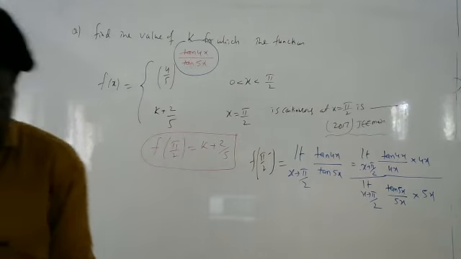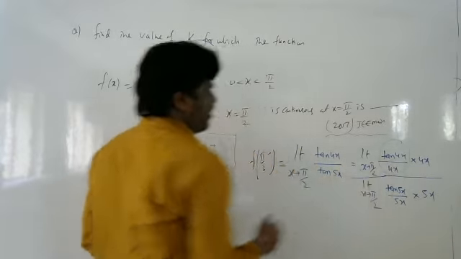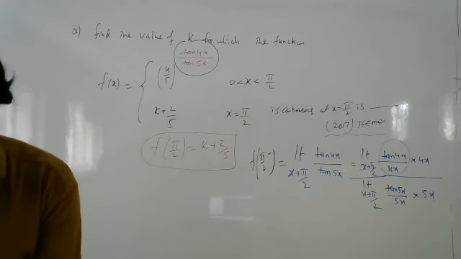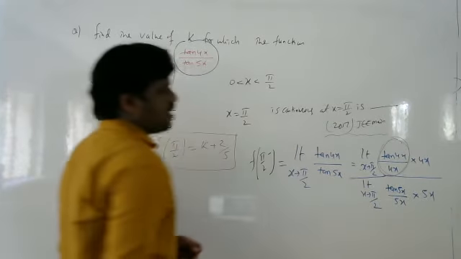Now you know that the limit of tan 4x by 4x is 1. This is 1.